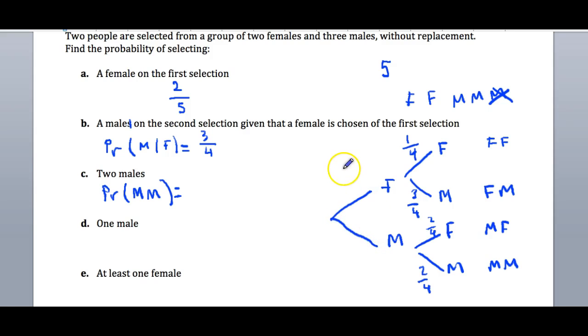So the probability of getting the first female is 2/5 and the male is 3/5. So you just multiply along your tree or your branches of your tree. So for the first male, it's 3/5. And then for the second male, it's 2/4. And I'm going to simplify that to 1/2 just to make it easier to multiply. So 3 times 1 is 3, and 5 times 2 is 10.